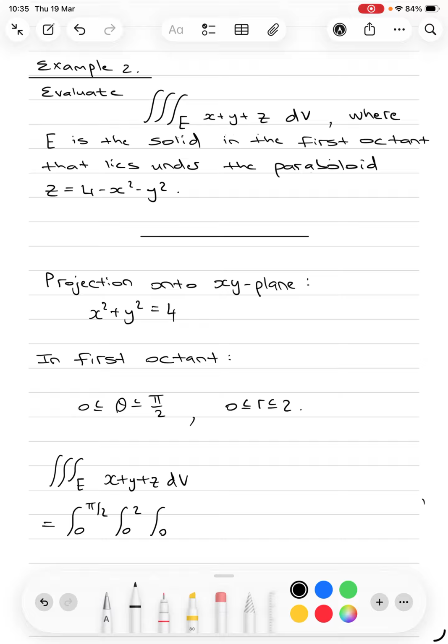So first octant means the lower limit is 0, and the upper limit is the paraboloid, right? Which you should express in terms of polar coordinates, which, lucky for us, is easy to do. Right, then the function that goes in, all polar coordinates. So you have x plus y plus z. We do not change the z.